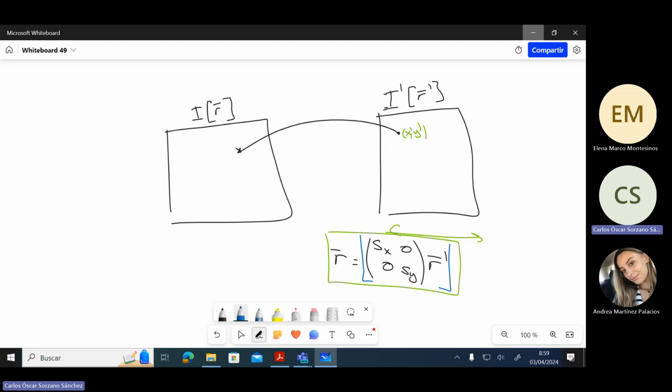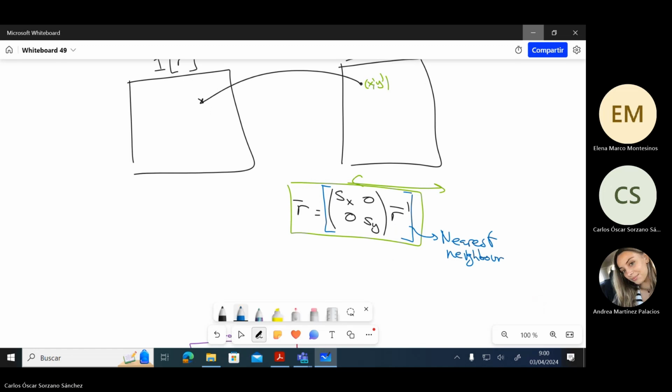And what we saw the other day was rounding, and rounding is nearest neighbor interpolation. That means, let's say that here we have our grid, and our location is here.